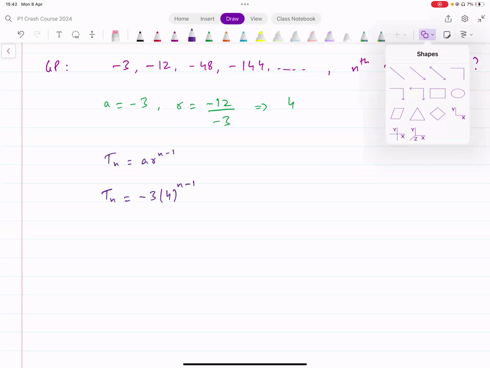This is what the nth term formula for this GP looks like. So sometimes you may have to write down the nth term formula for a sequence as well. This is how you would do that. N will remain there as it is, and you will just input the values of A and R like this. And that's the nth term formula. Is that okay? Yes, sir.